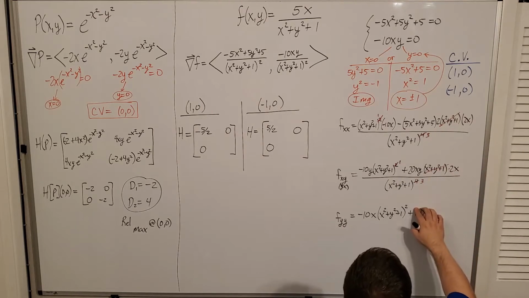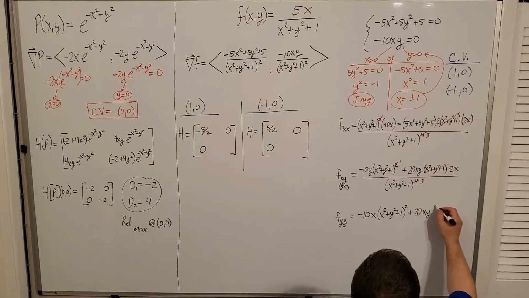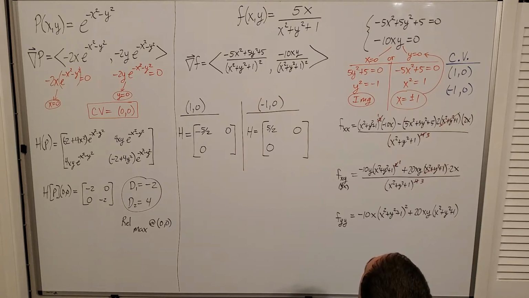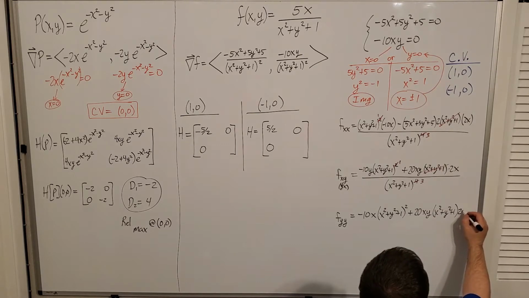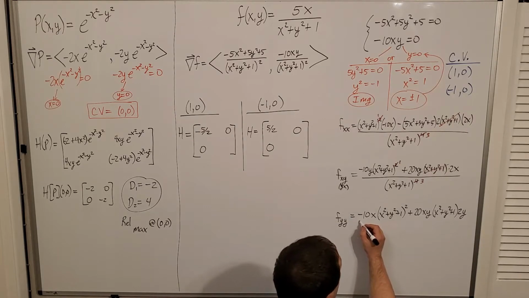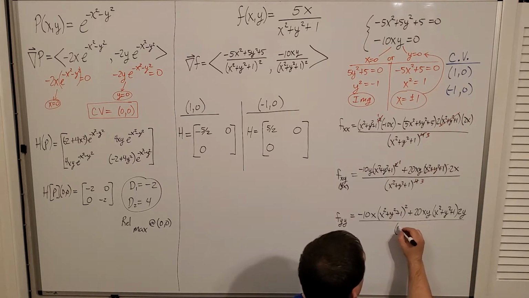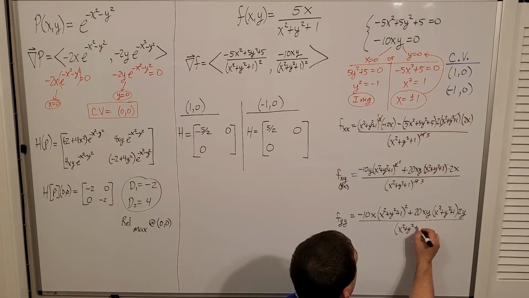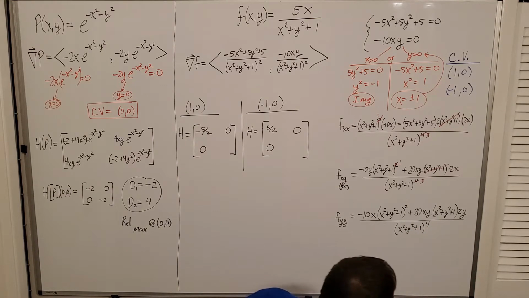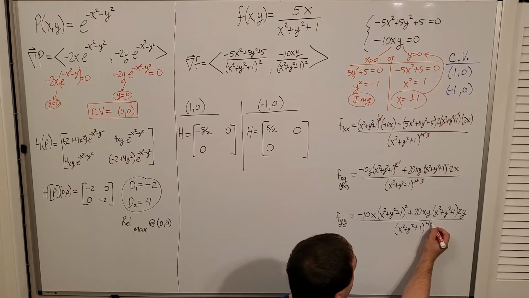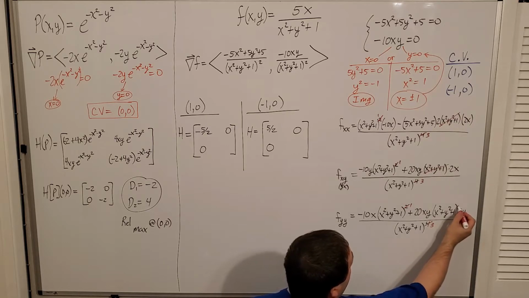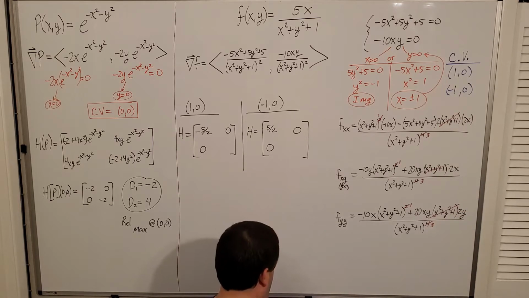The derivative of the low drops a 2, (x squared plus y squared plus 1), and then the inside derivative would be another 2y. And then square of low, (x squared plus y squared plus 1) to the 4th. Let's wipe out what we can. This is going to be a 3, this is going to be a 1, and then this piece is gone.